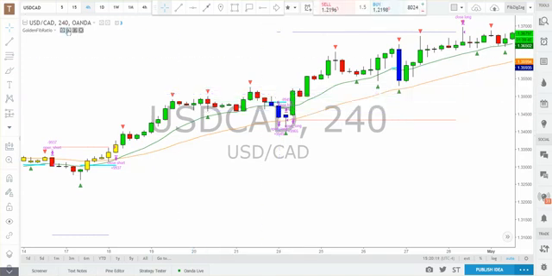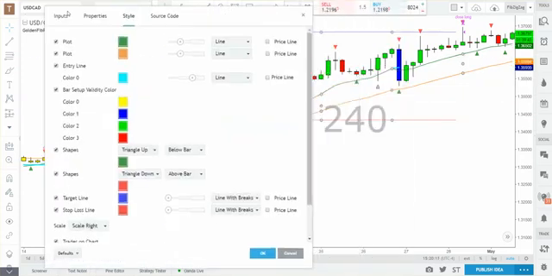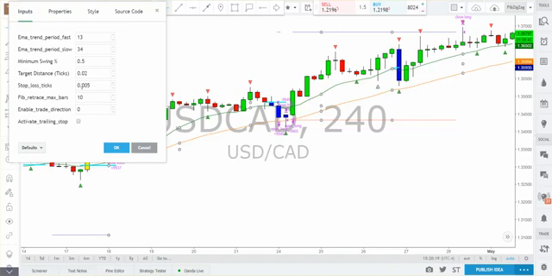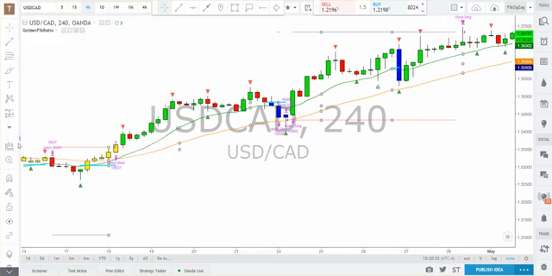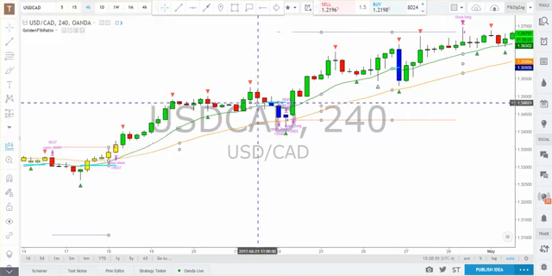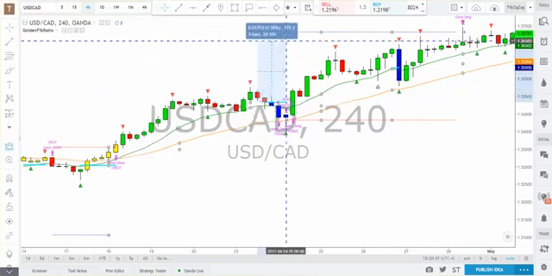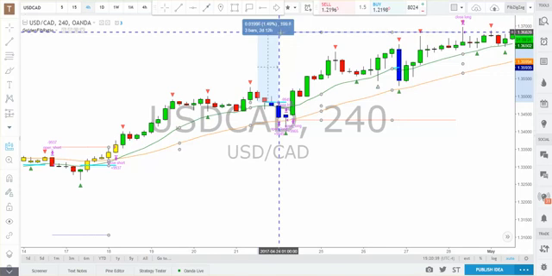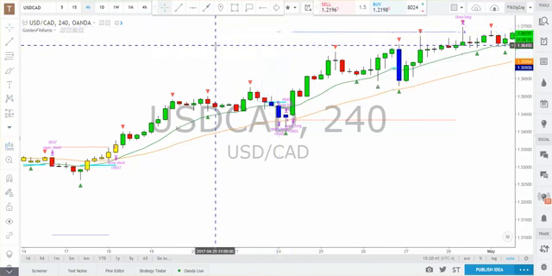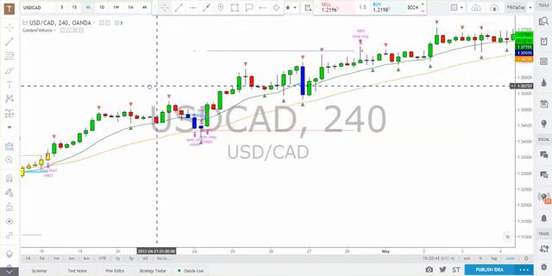In this case, the stop is set to 50 pips, 0.005, and the target is set to 200 pips. So in this case, we entered long and we took profit up here. Let's measure this just to make sure. Yep, that's 200 pips right there.